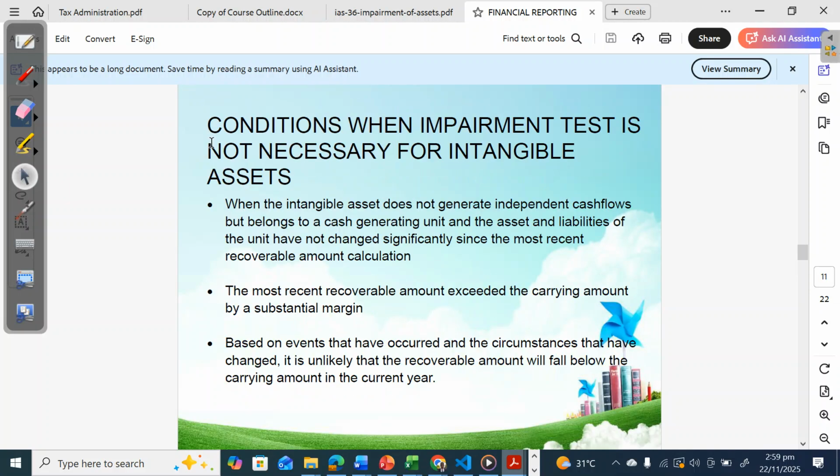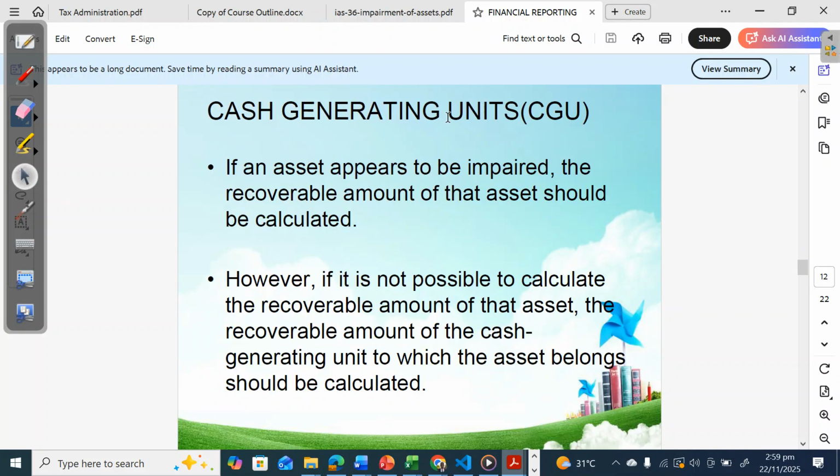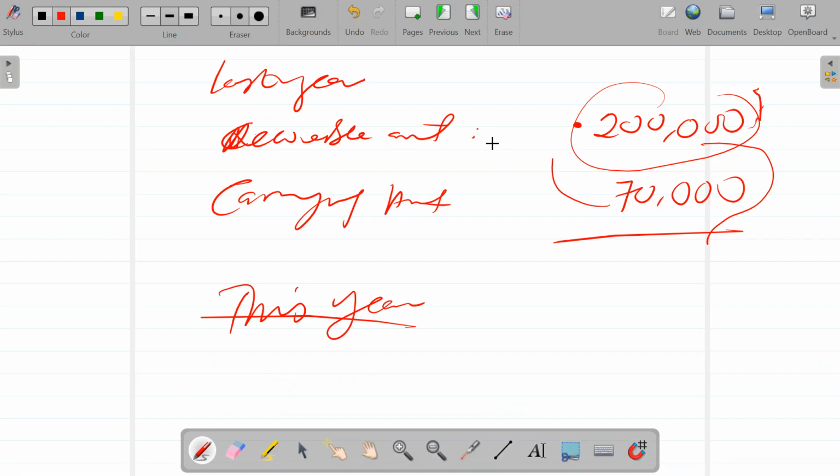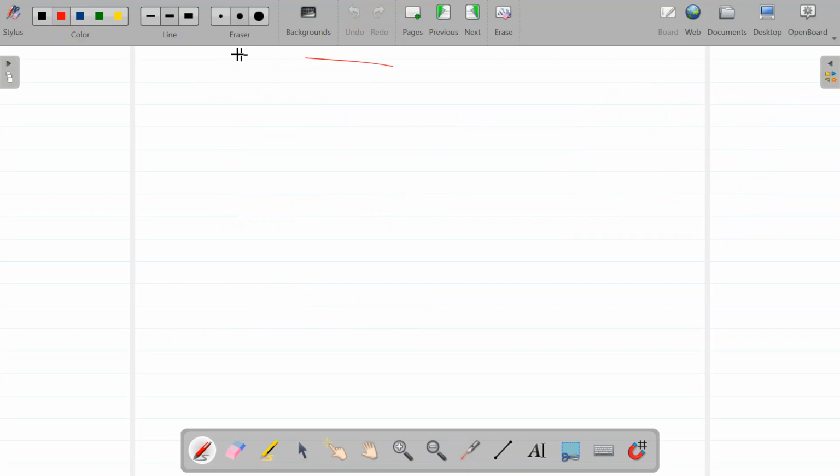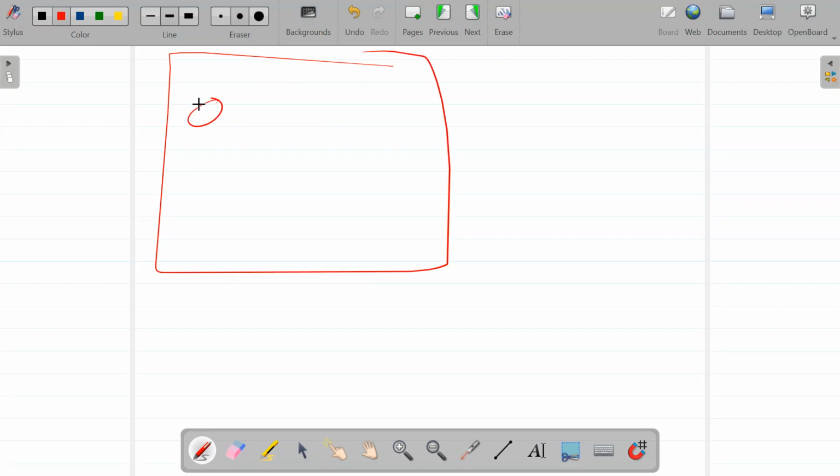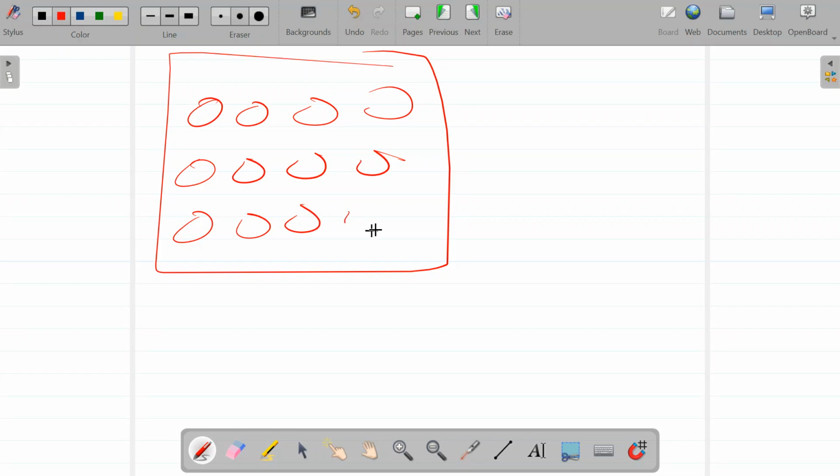Okay, let's look at cash generating units. I've already explained this concept. A cash generating unit refers to a group of assets that work together to generate cash flows. Like if you take the human body, we have the legs, the hands, the head.